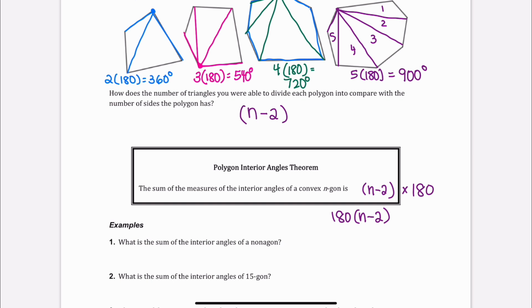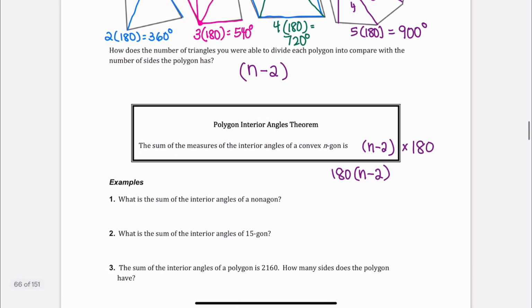Okay, so example 1, we're going to find the sum of the interior angles of a nonagon. Nonagon means 9. So if it has 9 sides, it will have 7 triangles, and 7 times 180 equals 1,260.